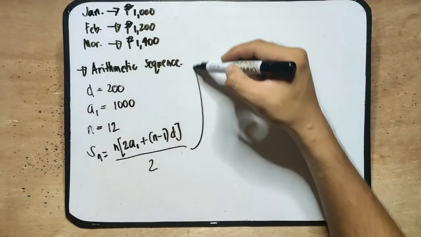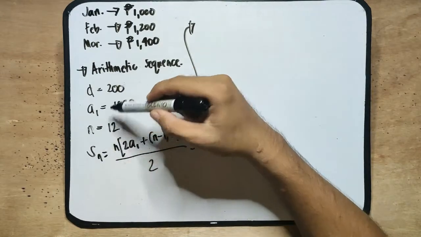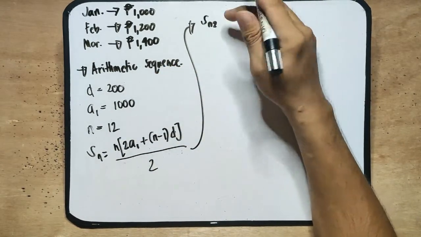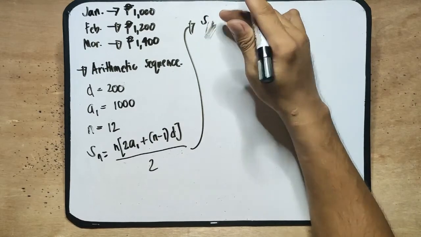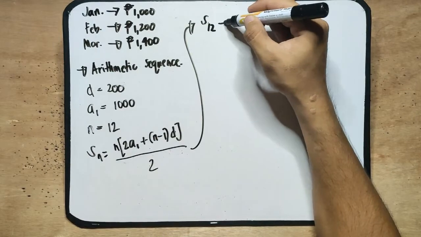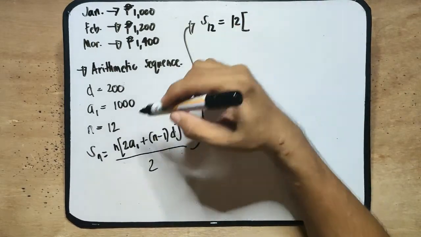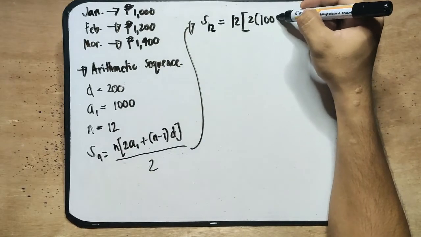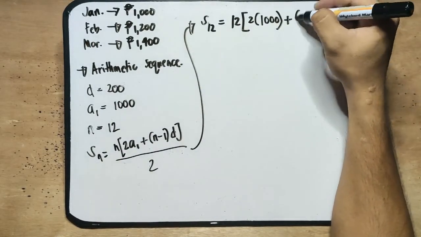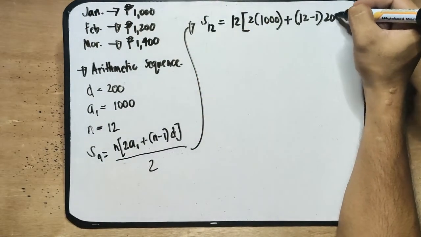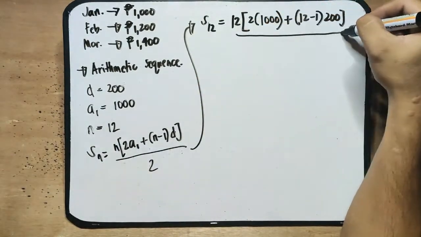Okay, so substituting these information sa ating formula, we have s sub 12 is equal to 12 times 2 times the first term is 1,000 plus we have 12 minus 1 times the common difference is 200 all over 2.